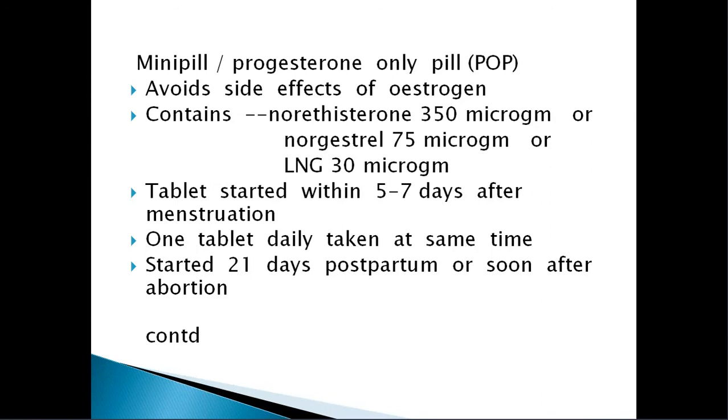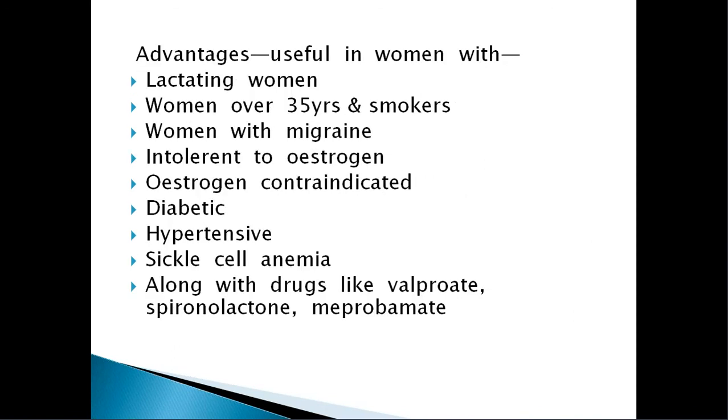Then you stop the medication and the patient has withdrawal bleeding. If she has had a recent delivery or an abortion, you start 21 days after the delivery. The same rules I told you for OC pills apply: it should be taken at the same time every day without forgetting the tablets.